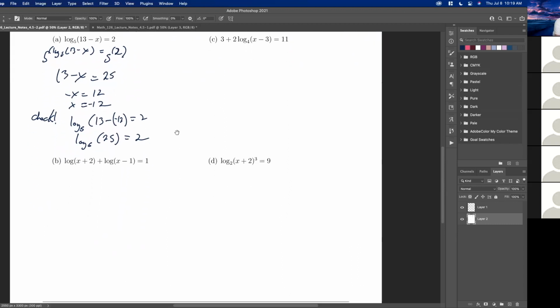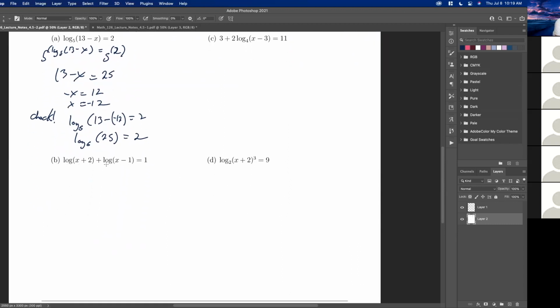All right, let's do the next one. Here we have our logs separated, and we know how to put them together from our last section. Addition turns into multiplication. So here I have log of x plus 2 times x minus 1 equal to 1.